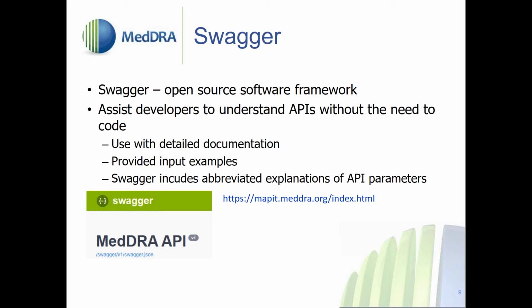It's meant to be used with the detailed documentation and the provided input examples. Swagger itself does include abbreviated explanations of the API parameters to assist you. On the slide here, you'll see the link that we have. This is also included in the Programmer User's Guide.